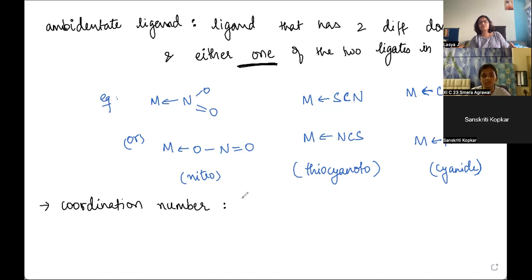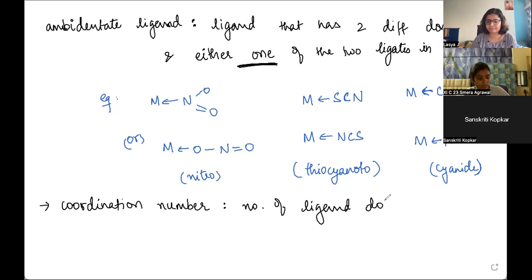In that case, the ligand is one, but the number of donor atoms that it is bonded to can be multiple. So coordination number, you look at it from the point of view of the metal atom. How many bonds am I having with either one or multiple ligands? That is the number of ligand donor atoms to which a metal is directly bonded.